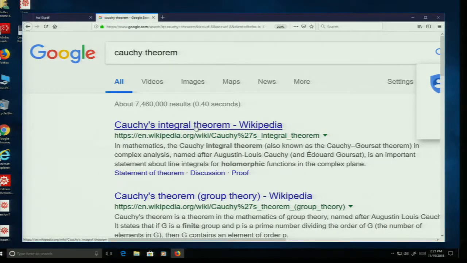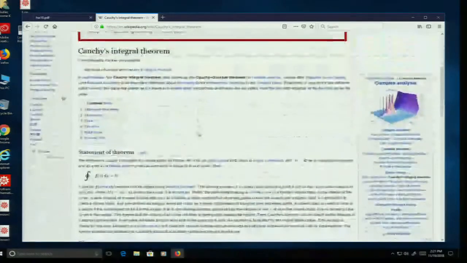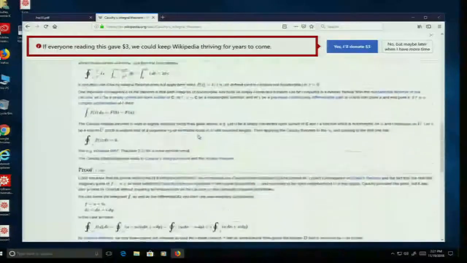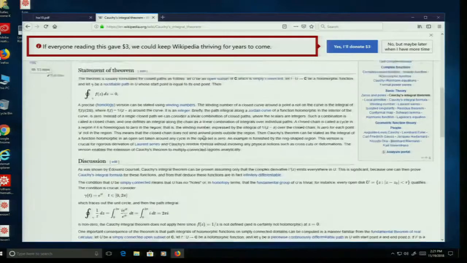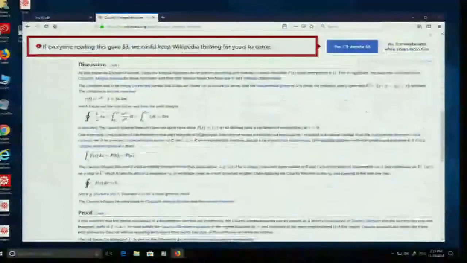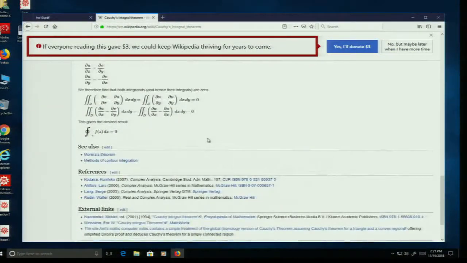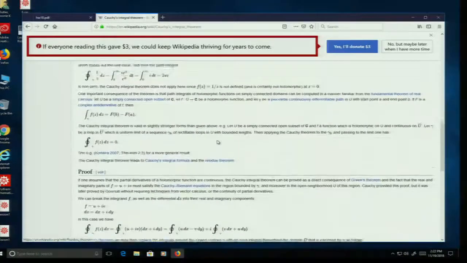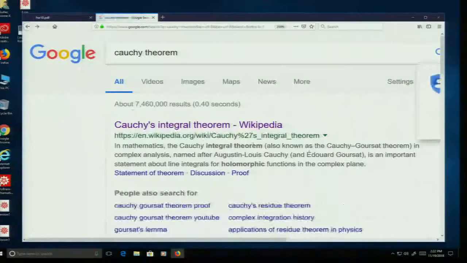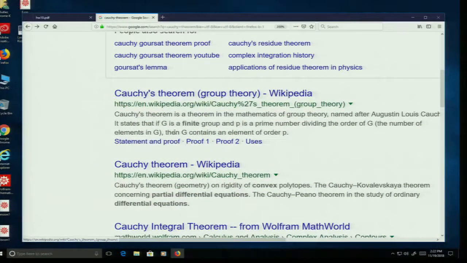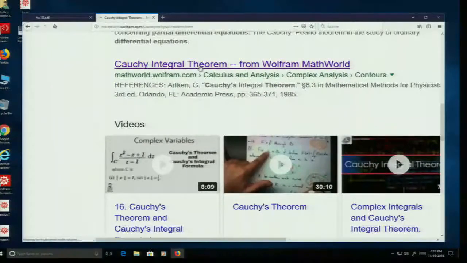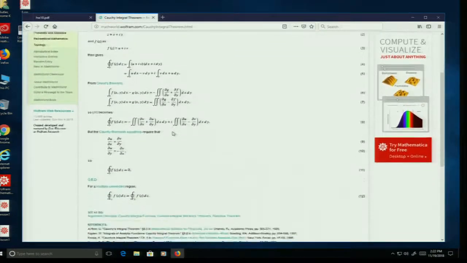Here's Cauchy's integral theorem. Let's see what the people at Mathematica say.